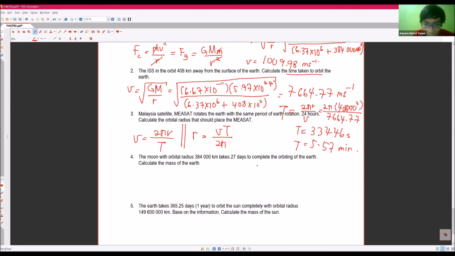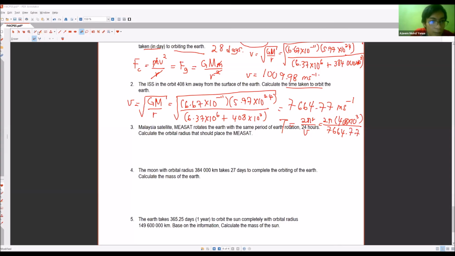Do we need the V though? V square over R. Yeah, we can use the V, but then let's see here.